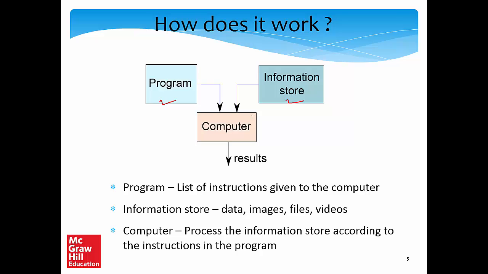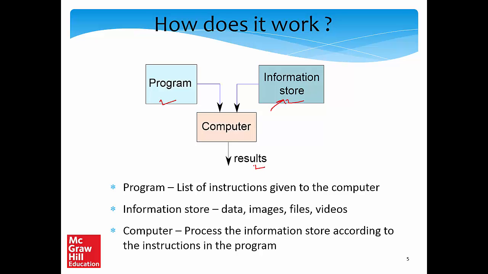For example, let's say we clicked a photograph and the photograph has some red eyes. We are trying to remove the red eye effect in photographs. In this case, the photograph will be the information store, the program will be the piece of code that is working on the information, and the finished good looking photograph is the result.